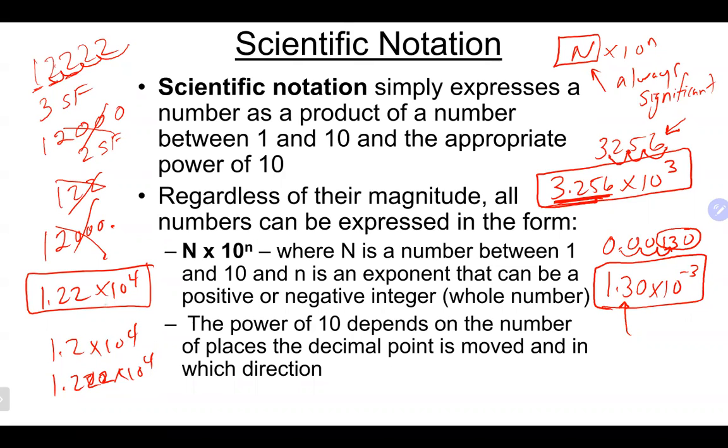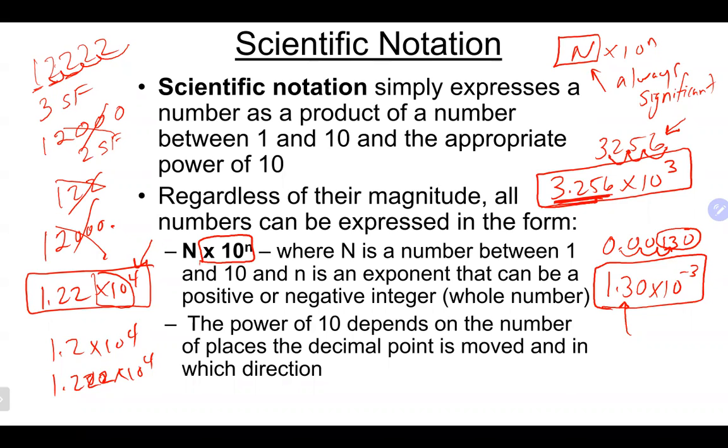Yeah, this part? That part is the basic setup of scientific notation. It's basically a number between 1 and 10 times 10 to the whatever number it is. So it is always times 10. The part that changes is the top number, based on how many places you had to go to move the decimal place.